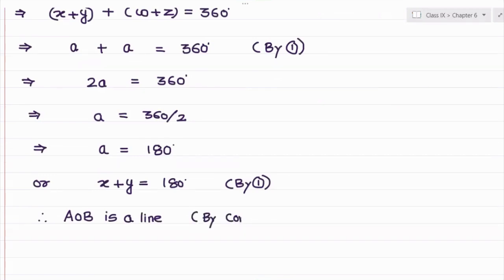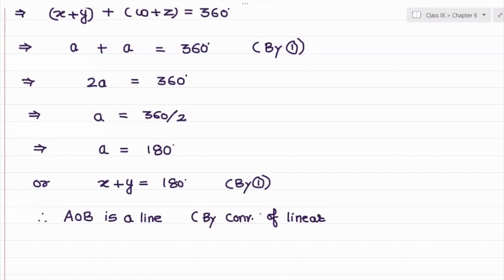You can say that by converse of linear pair axiom. Linear pair axiom says the sum of two angles will be 180 degree if non-common arms form a line, but here it is opposite.